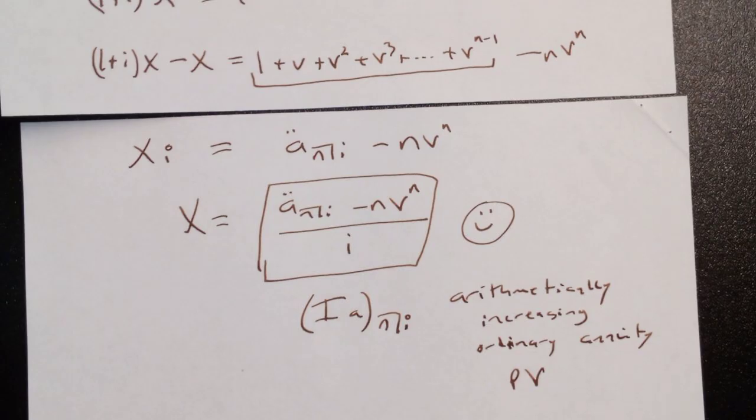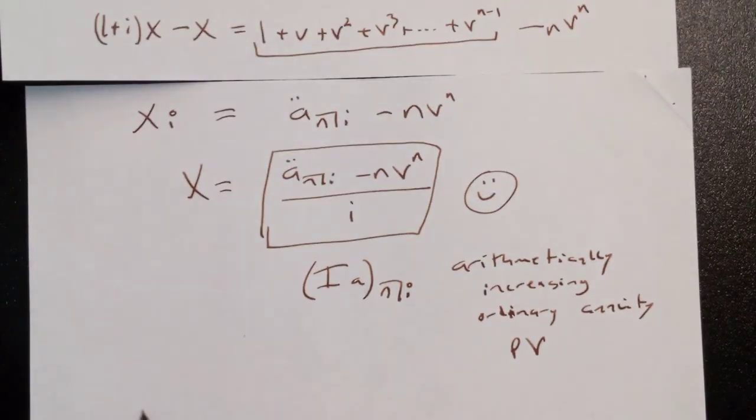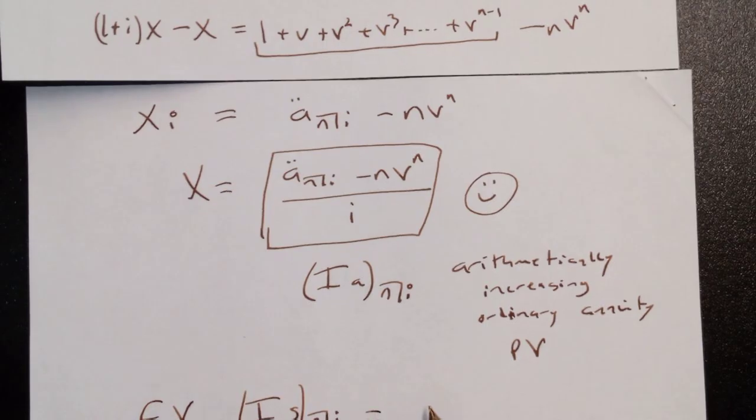If I do the future value, I get (Is) n, i, which turns out to be s-double-dot n, i. This time it's not n v to the n, it's just minus n over i.